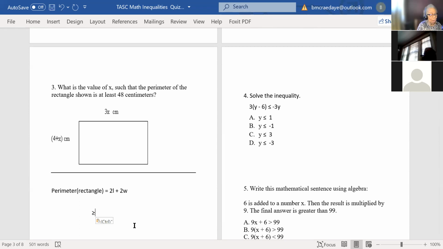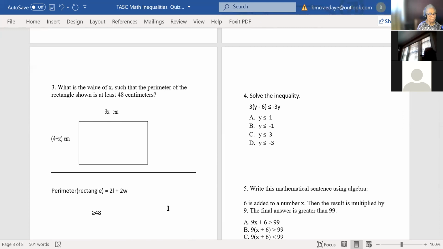What it must be greater than or equal to is the 48, the perimeter. Now, what would the left side look like, Vanessa? It says 2 length plus 2 width. So what would go on the left side? 2 times the length and 2 times the width.